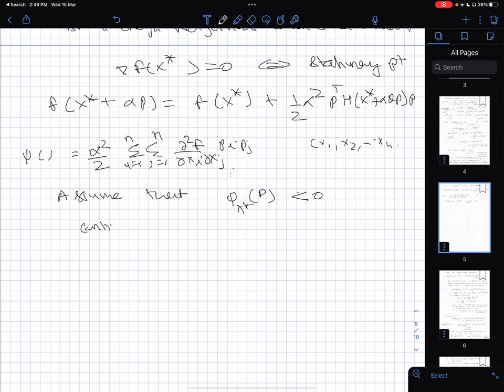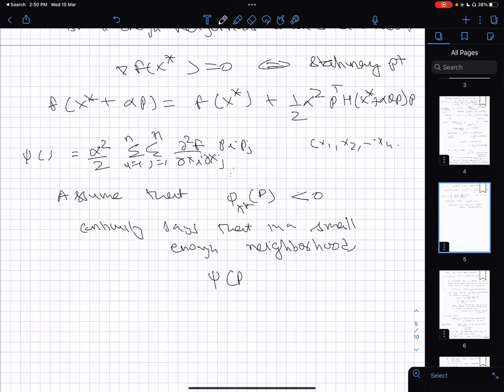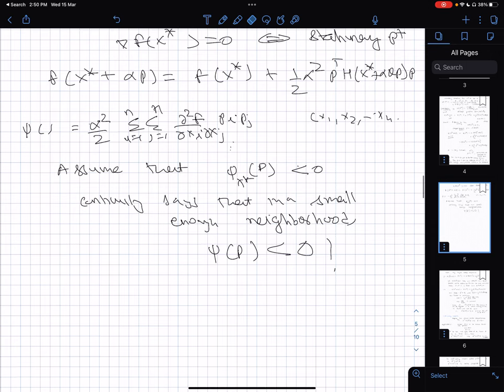Then continuity says that in a small enough neighborhood, this will have to remain strictly less than 0, which means that p transpose H(x star + alpha theta p) p will also be strictly less than 0.